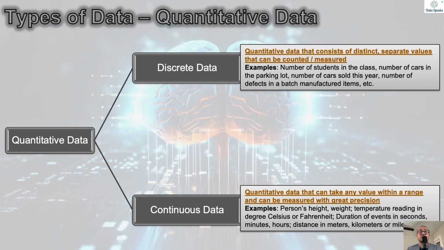Examples can include a person's height or weight, a temperature reading in Celsius or Fahrenheit, the duration of an event in seconds or minutes, or distances measured in kilometers or miles, etc. Essentially, continuous data gives us a detailed view of infinite precision between two data points, two values. To summarize, discrete data is all about counting distinct items or values, while continuous data involves measurement that can take on any value within a specific range.